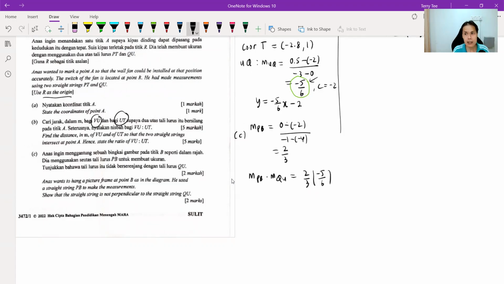If they are perpendicular, the gradients multiplied together must be negative 1. In this case, we can cancel 2 and 6, that will be 3. This is negative 5 over 9. Notice it's not negative 1. If it's not negative 1, it means they are not perpendicular.